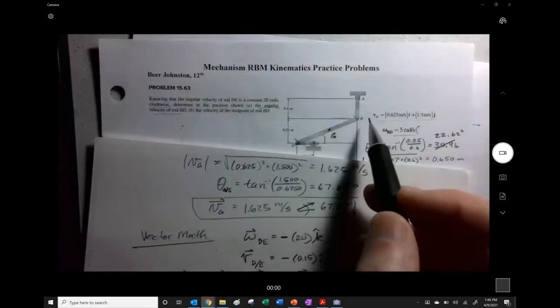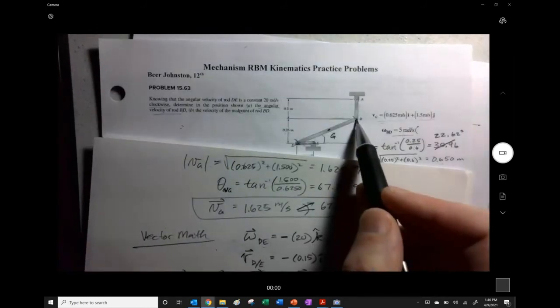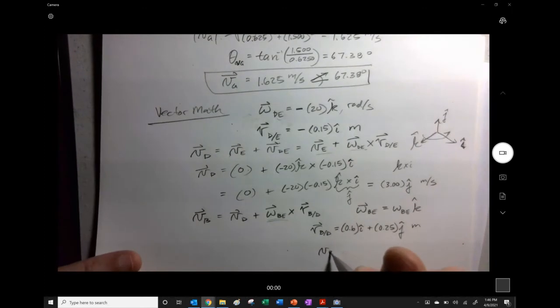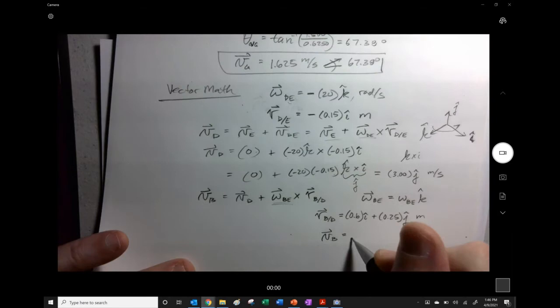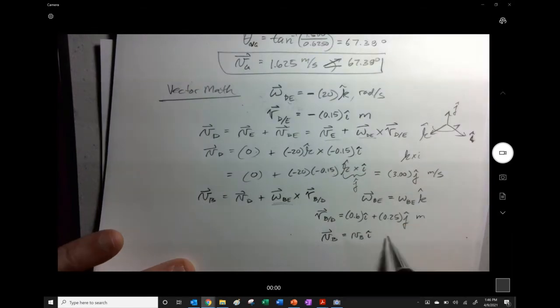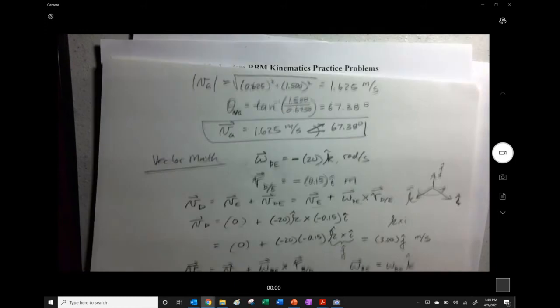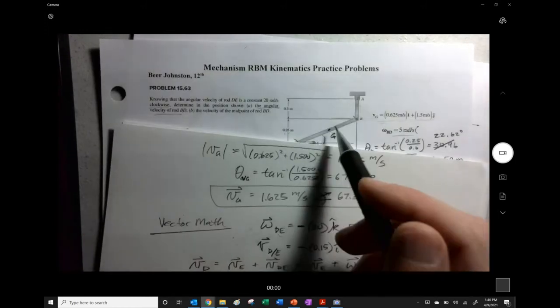We should also recognize that VB is going to be equal to a magnitude times I, and there's no J component to VB from our observation.